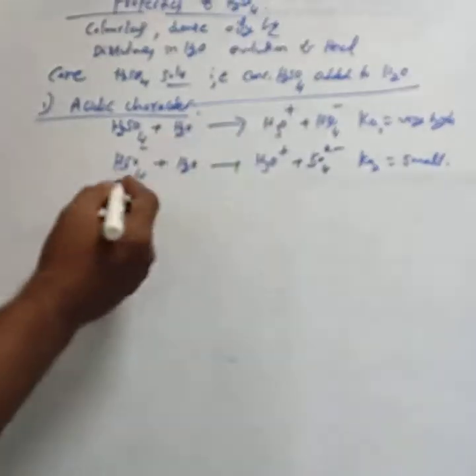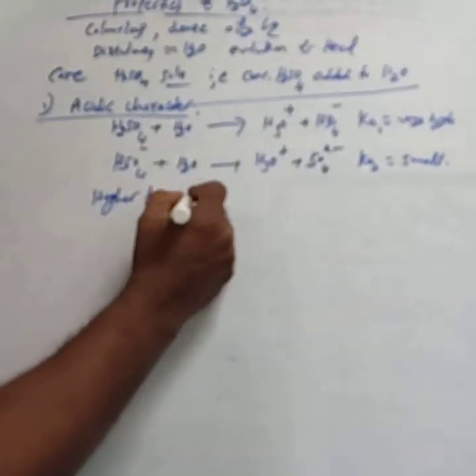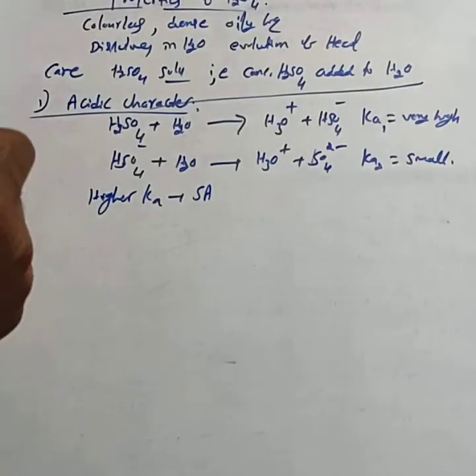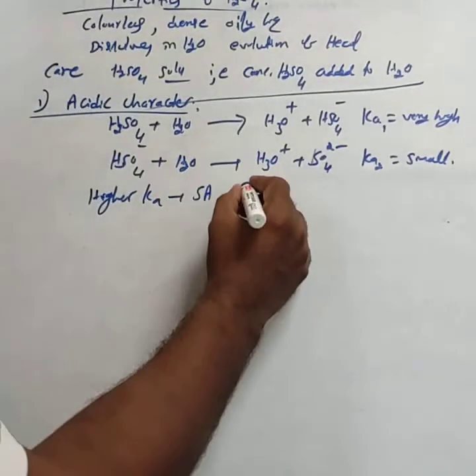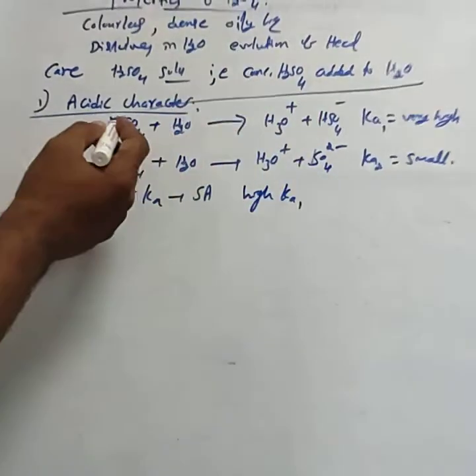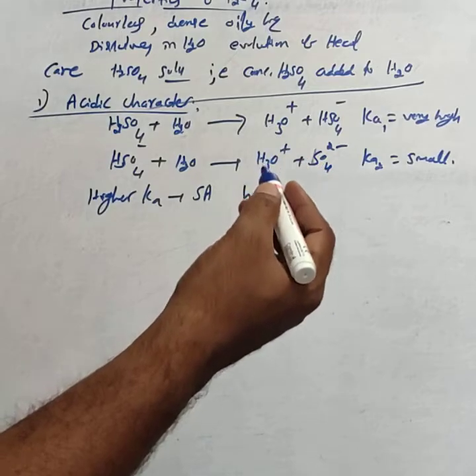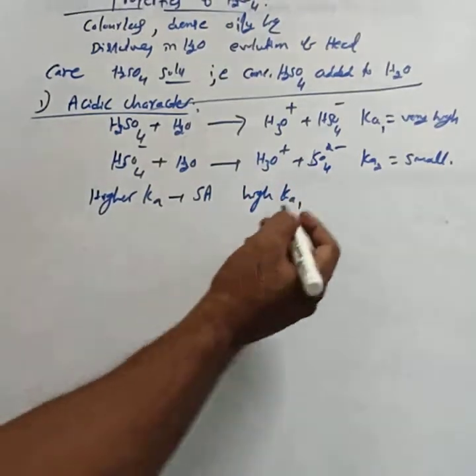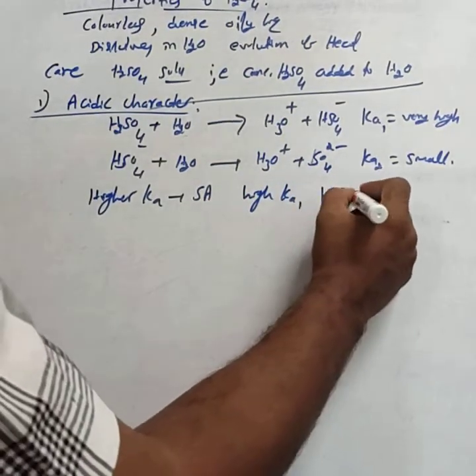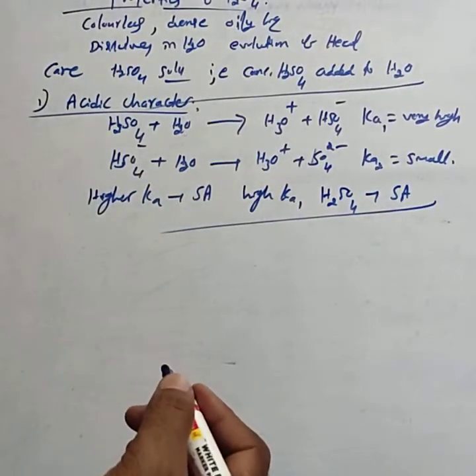We know that the higher the Ka, the stronger the acid. Due to the high Ka1 value, which is the dissociation constant for the first step, H2SO4 is taken as a very strong acid.